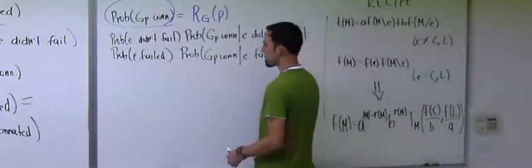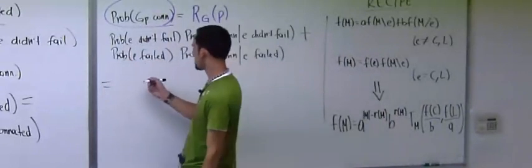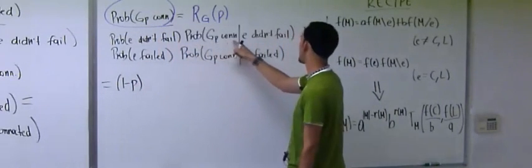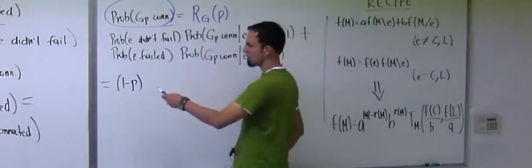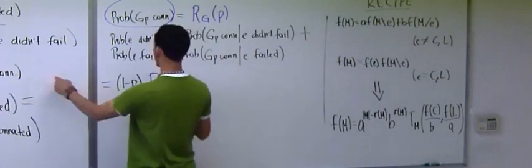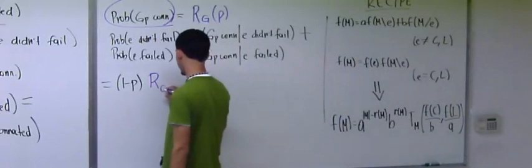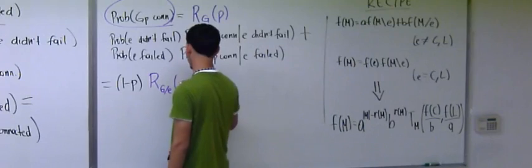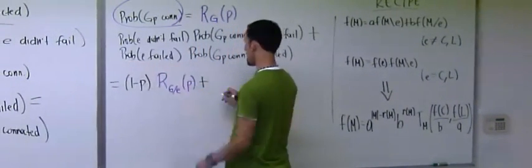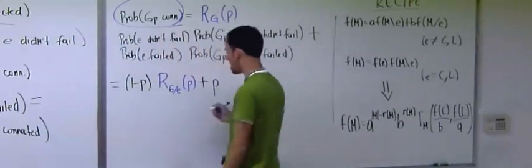Well, what I just proved is that this is equal to the probability that E doesn't fail, which is 1 minus P, times the reliability function of, which one is it? The contraction. Plus the probability that E failed times the reliability function of the deletion.